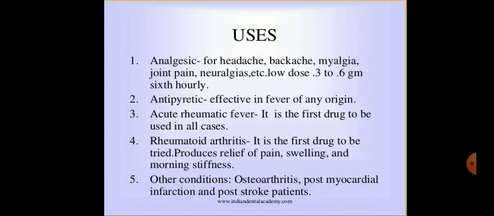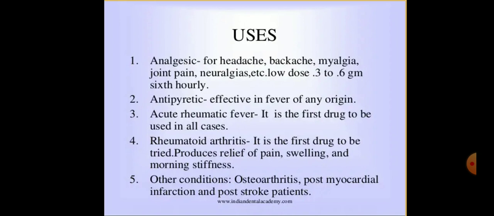And finally, a word about aspirin. Even though aspirin is an NSAID initially used for analgesic and antipyretic purposes, later we found that aspirin at a low dose is a very good antiplatelet drug. So aspirin is nowadays not commonly used for analgesic purposes.